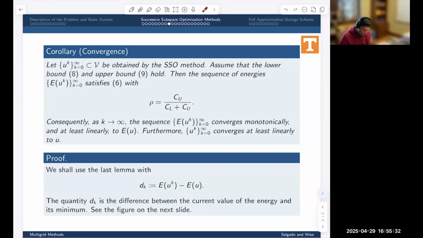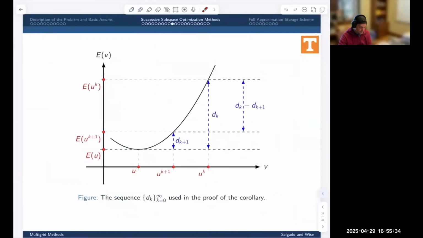Here's E(u_k) up here, here's E(u). This is the function that we want to minimize, so d_k is that difference.